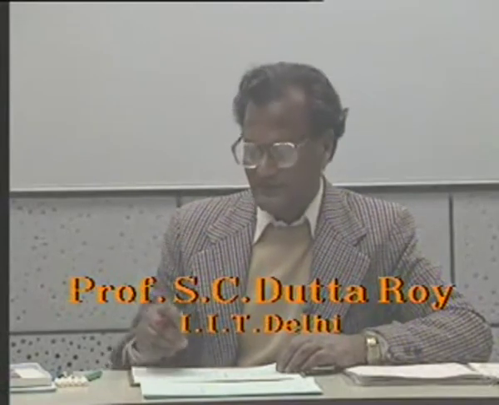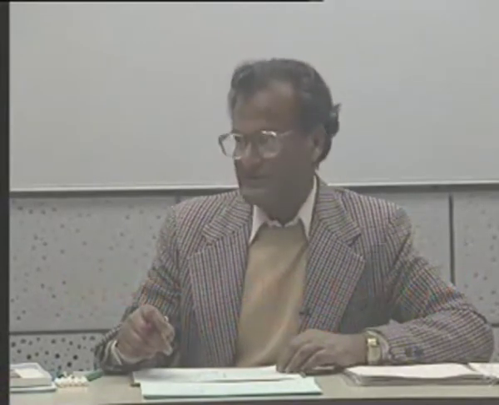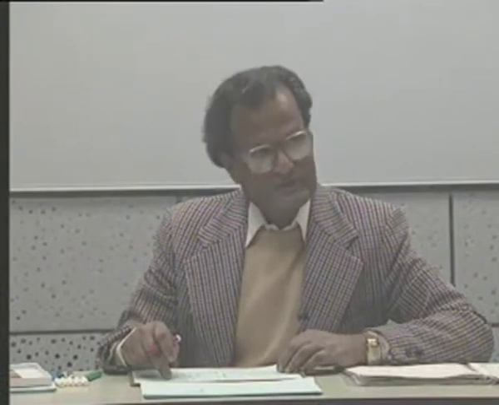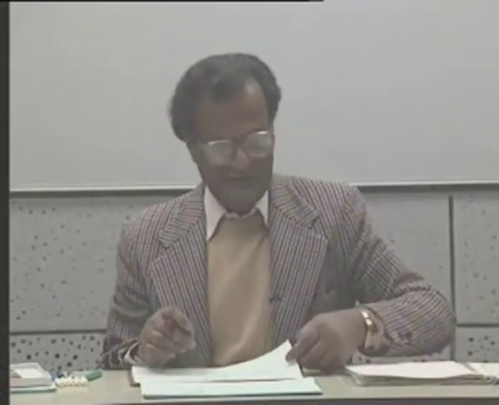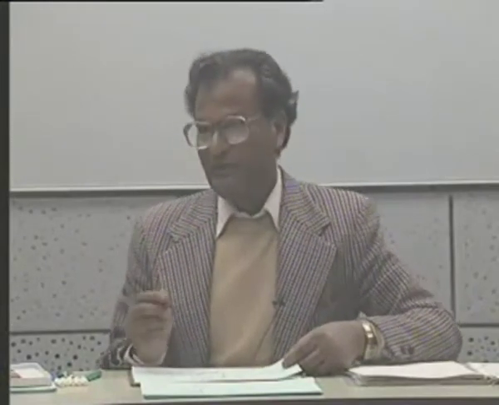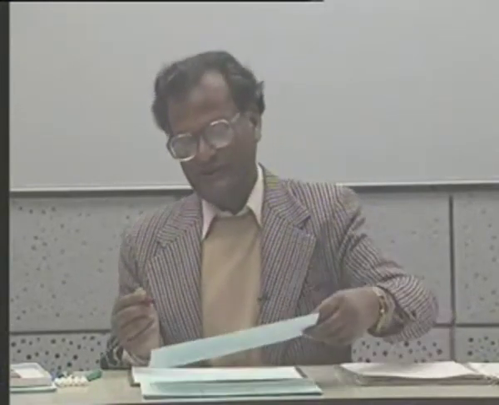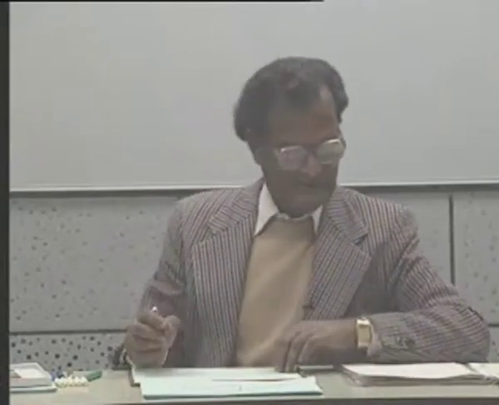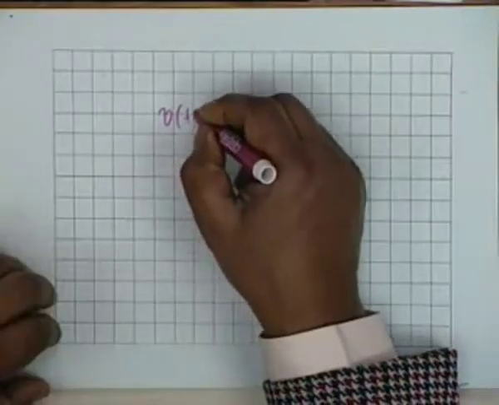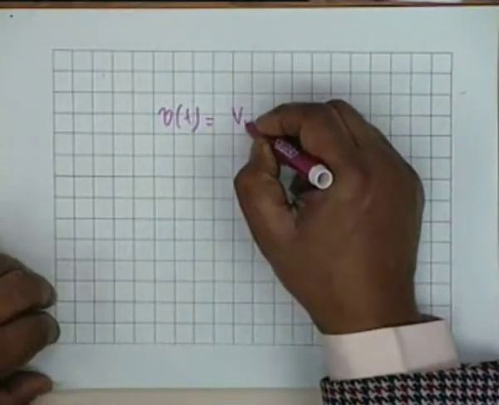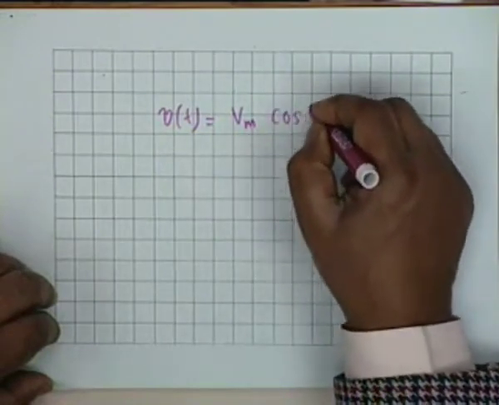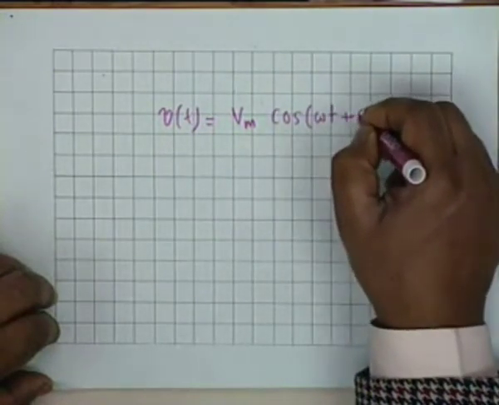And therefore this concept of a rotating vector is very much utilized for finding the response of electrical circuits to sinusoidal excitation. And in this context we now make a formal definition of a phasor. Suppose we have a voltage V of t equals Vm cosine of omega t plus theta.